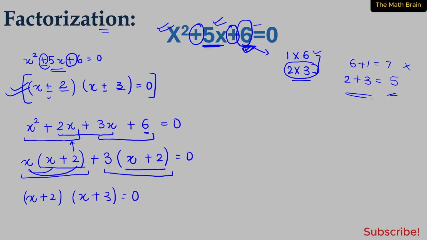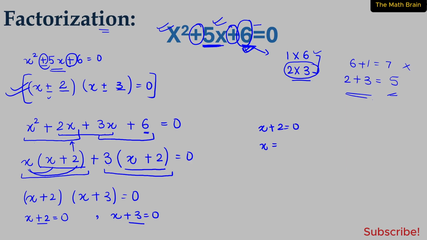Now to find the value of x, what we are going to do is equate these terms with 0. So we got x plus 2 is equal to 0, x plus 3 is equal to 0. So x plus 2 is equal to 0.